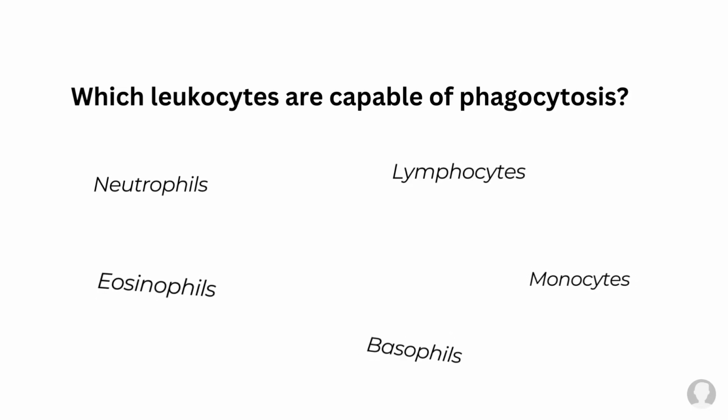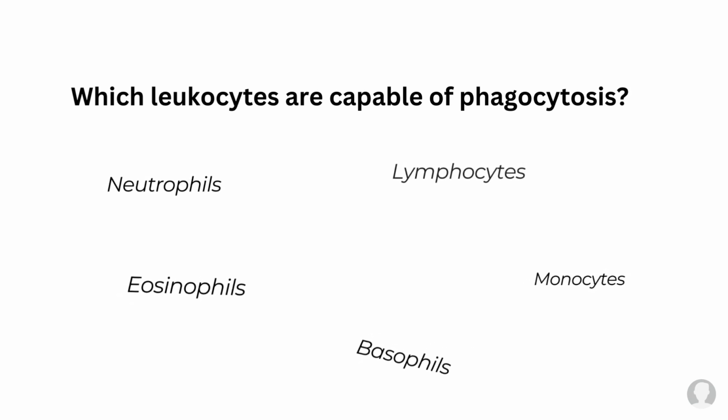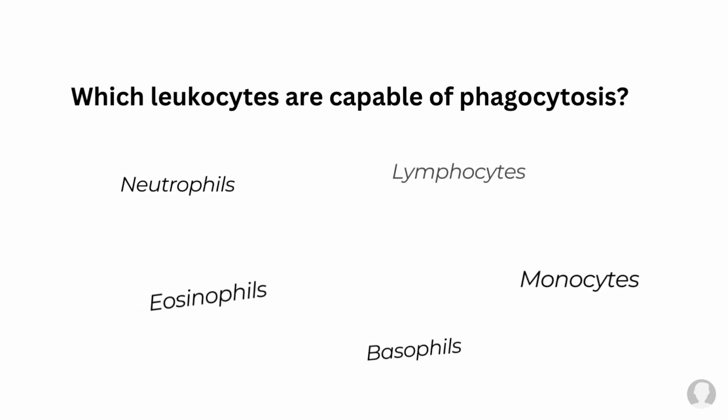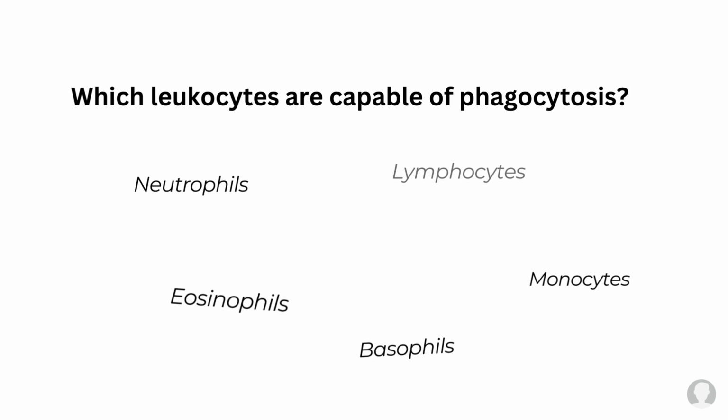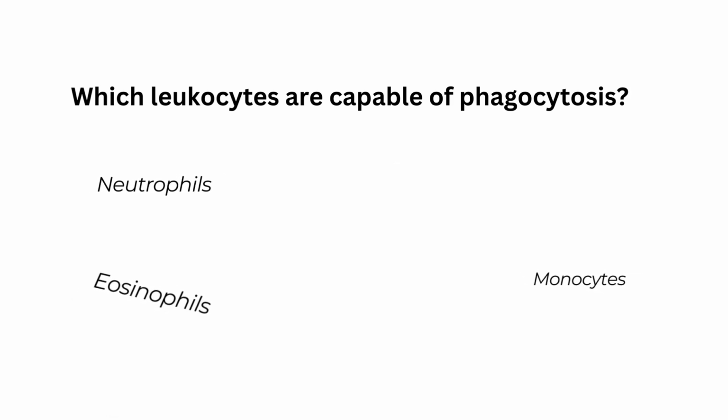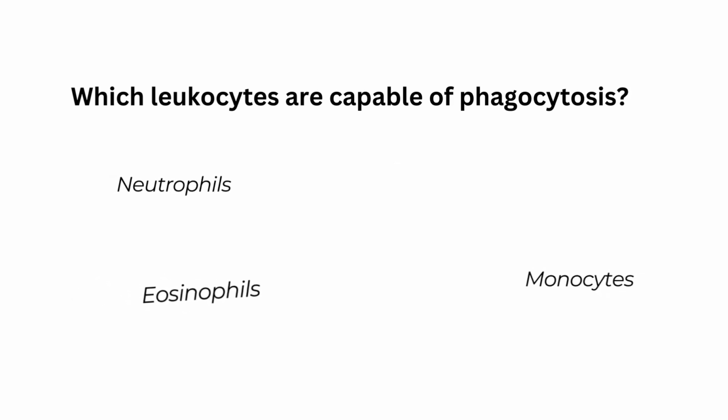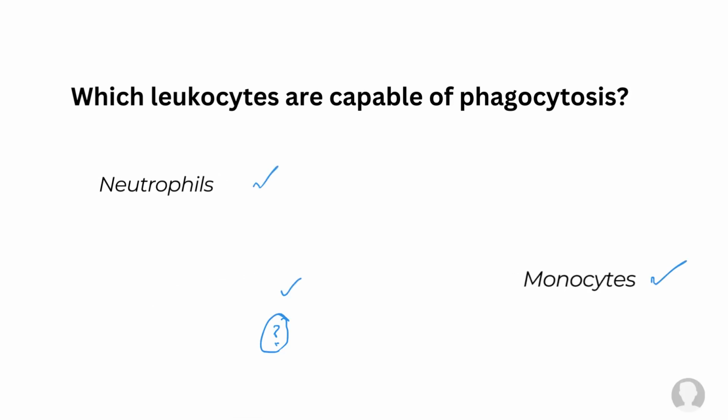Which leukocytes are capable of phagocytosis? We know that neutrophils and monocytes are professional phagocytes. Eosinophils can also be involved in phagocytosis in a different way.